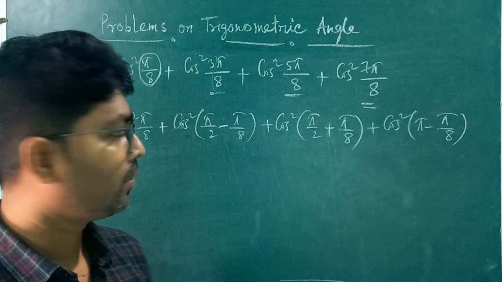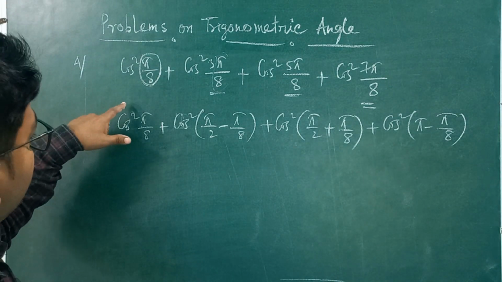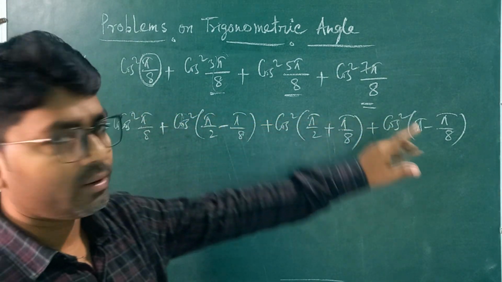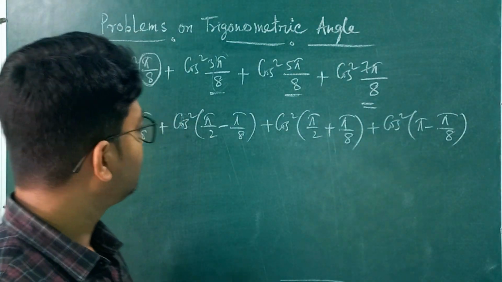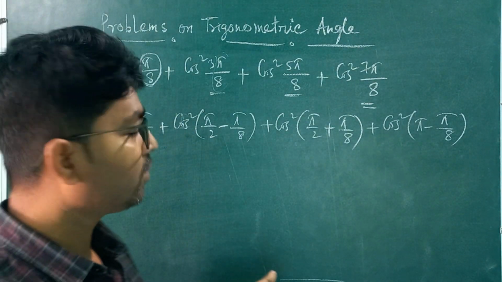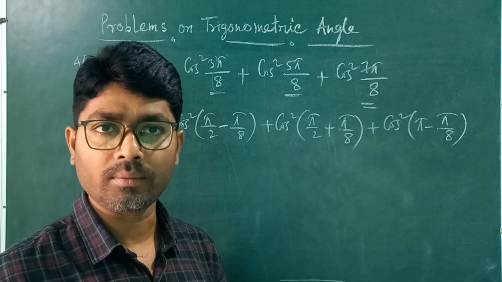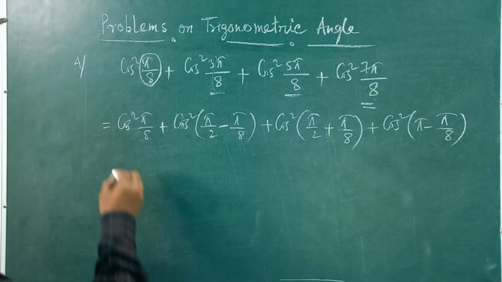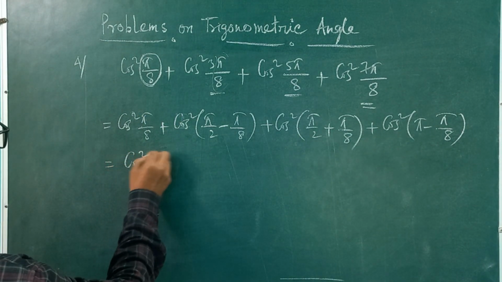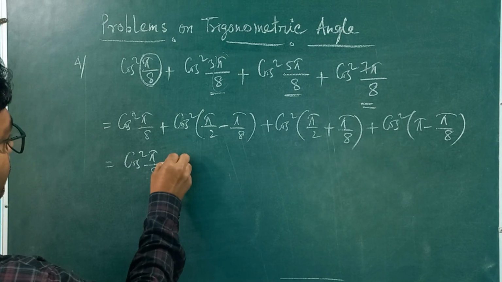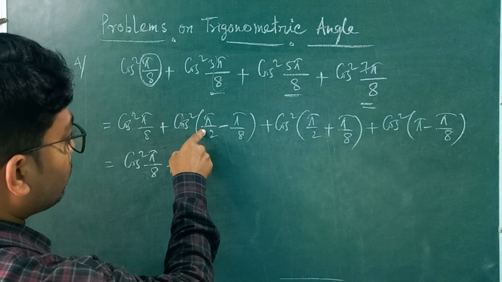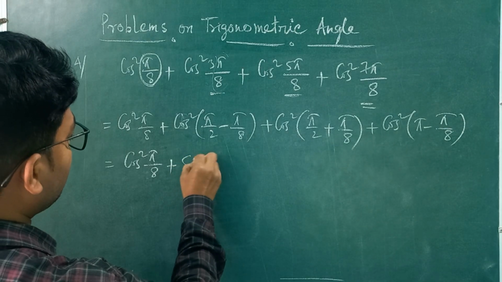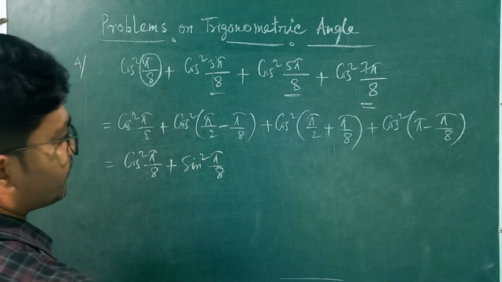Right. Now see, all the terms are in square, so you don't have to check the sign. You just check whether this is an odd multiple of pi by 2 or an even multiple of pi by 2. This one is 1 into pi by 2, so this is an odd multiple of pi by 2, so this becomes sin square pi by 8.